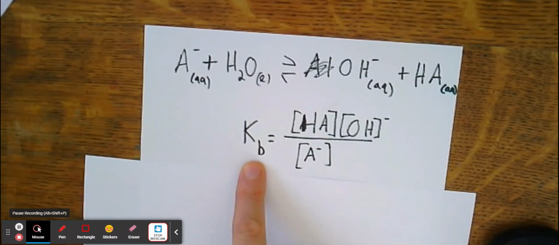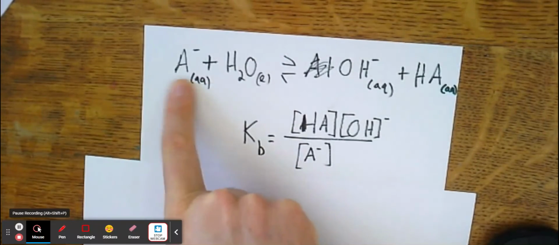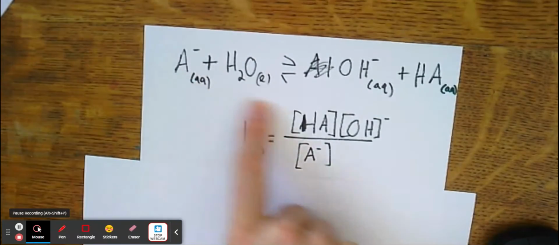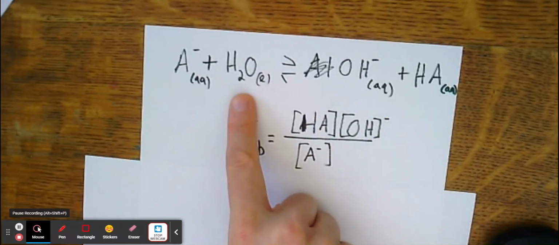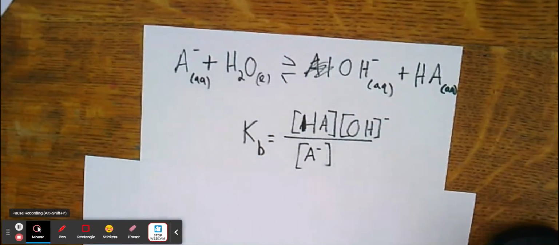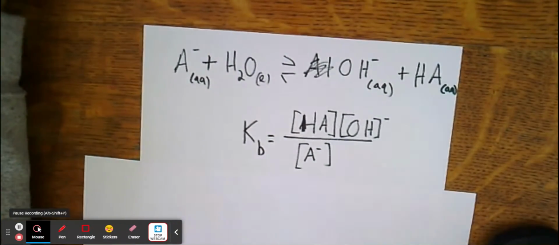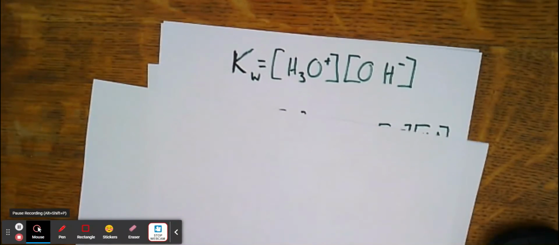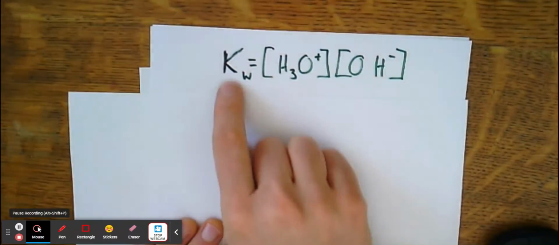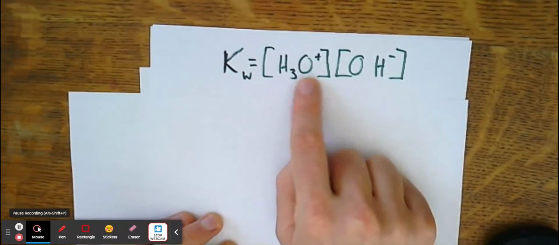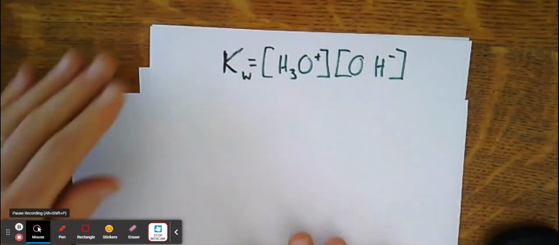Now it's written as a Kb because this anion is acting as a base, because it's accepting a proton from water. The reason I want to show you this is remember this expression: Kw is these two things multiplied by each other.